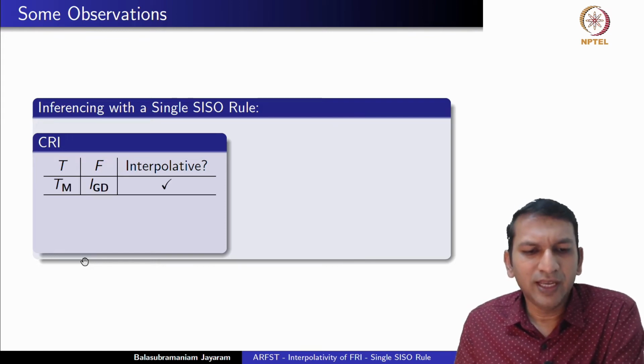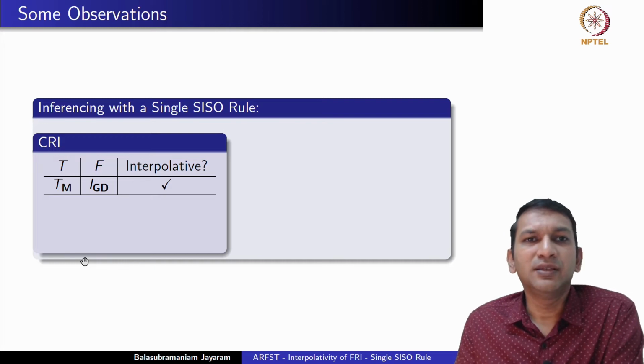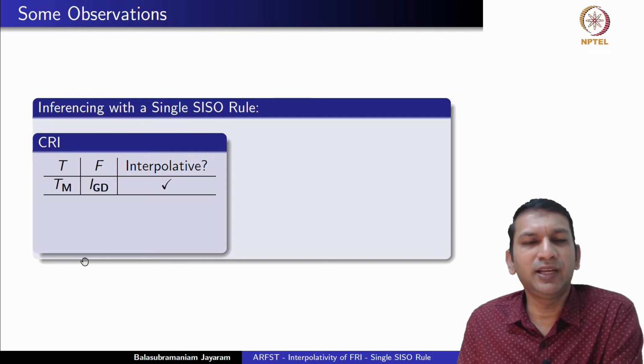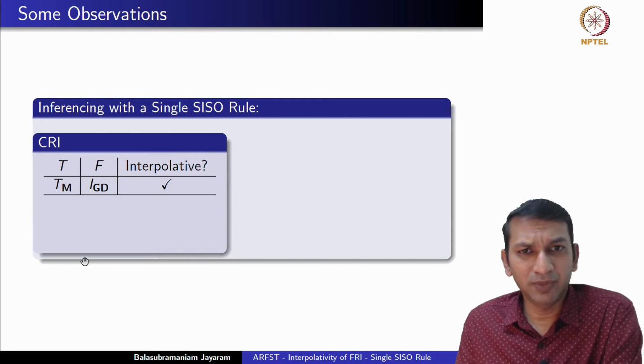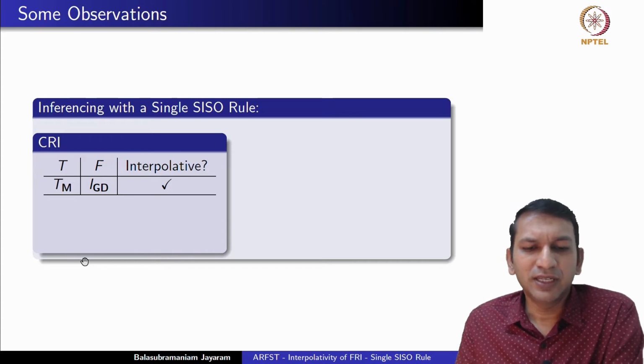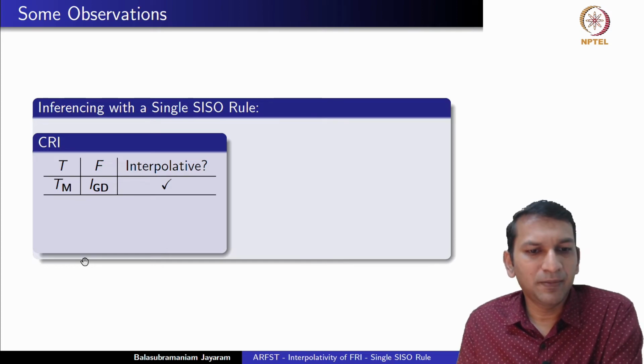For instance, if the T-norm that is used in the composition is the minimum T-norm, and if you use the Gödel implication to obtain the relation between the antecedent and consequent, in this case a single rule, that means capturing the rule into a relation using a Gödel implication, we saw that for this pair of operations, it is interpolative for the fuzzy sets A and B that we have considered.